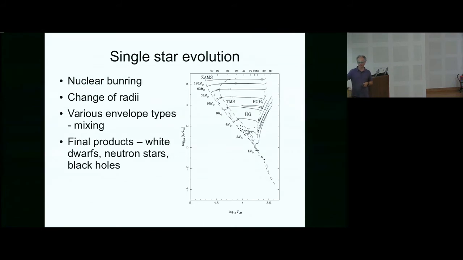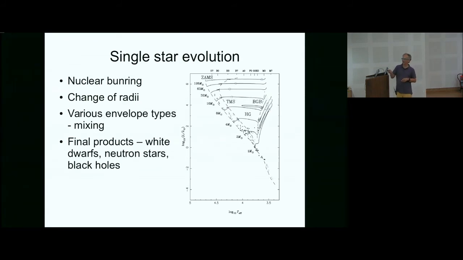On this axis we have the temperature on the surface of a star. On this axis we have the luminosity. As with many things in astronomy, the temperature is plotted backwards. So this is low temperature, this is high temperature, and this is of course for historical reasons.